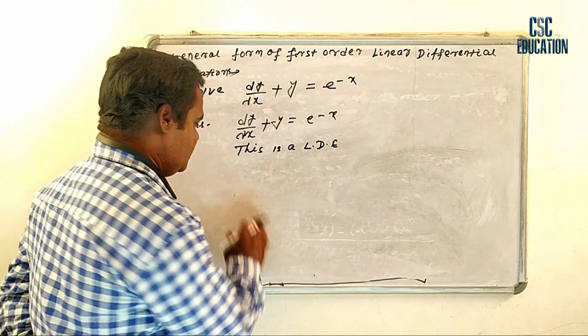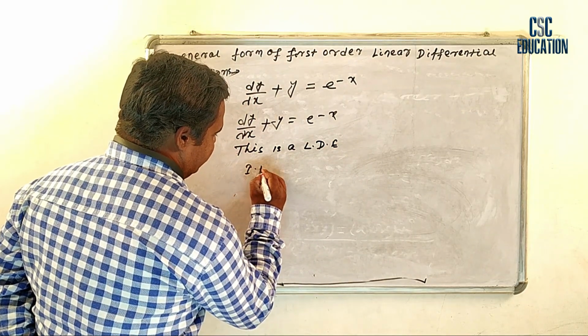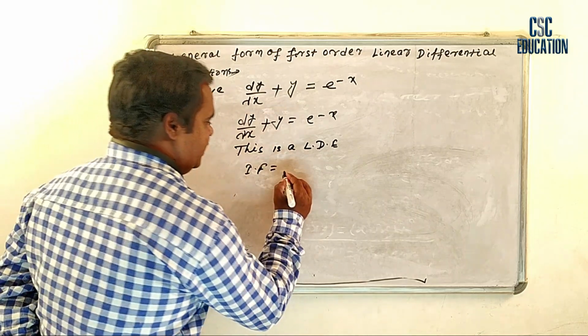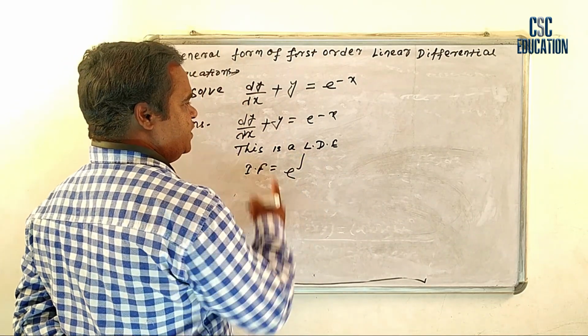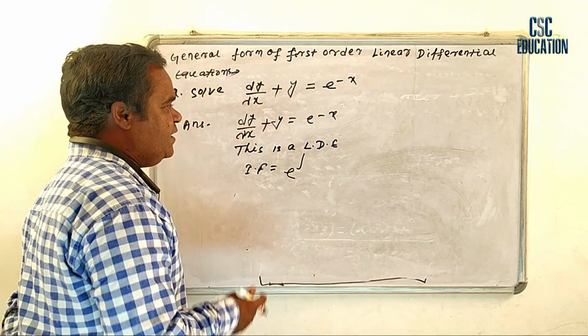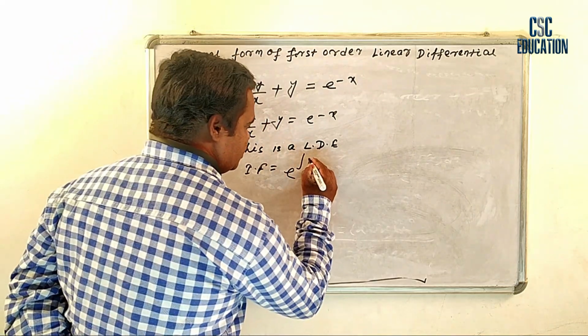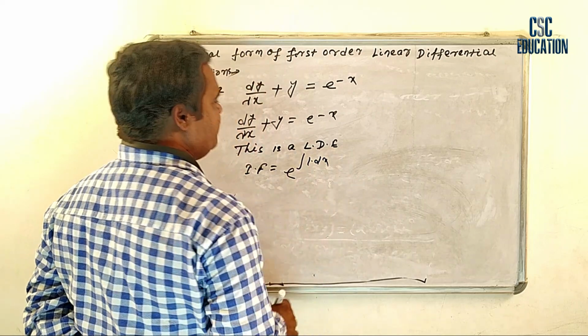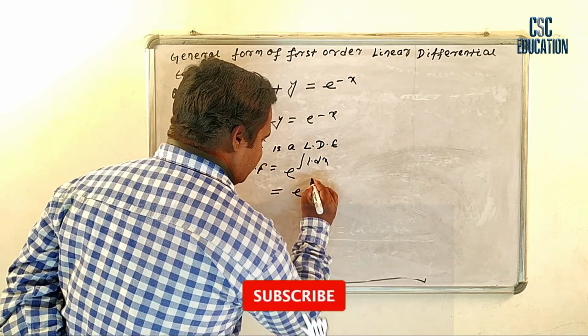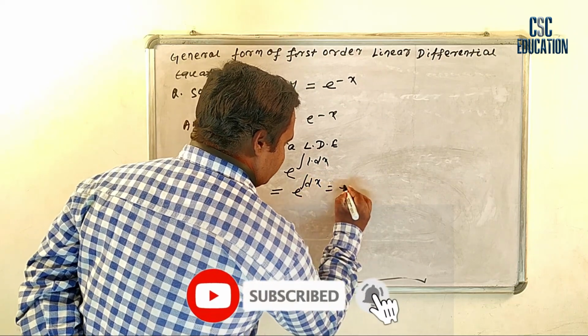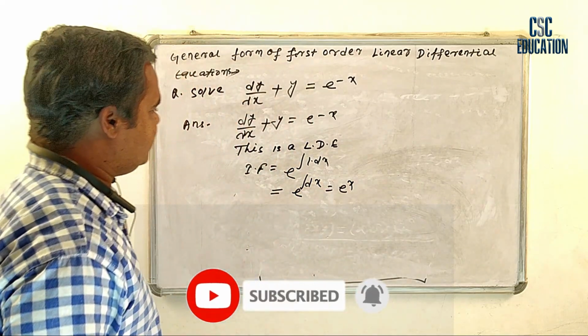Okay, now we have to find the integrating factor. Here the integrating factor is e to the power integration of, here the coefficient of y is 1, so 1 dx. So here p of x is 1. Now this value equals e to the power x, which is the integrating factor.